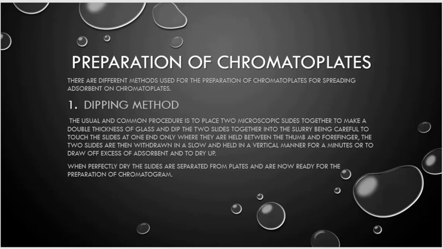In the dipping method, the usual and common procedure is to place two microscopic slides together to make a double thickness of glass and dip the two sides together into the slurry, being careful to touch the slides at one end only, where they are held between the thumb and the forefinger.